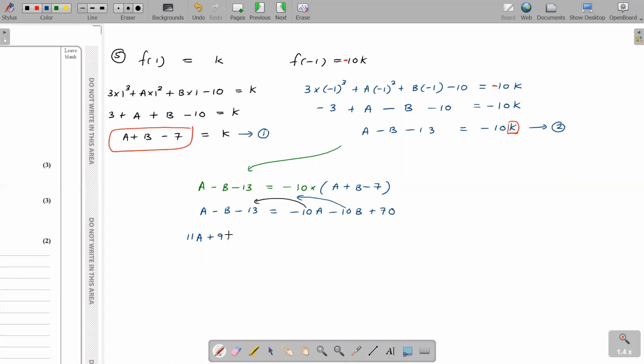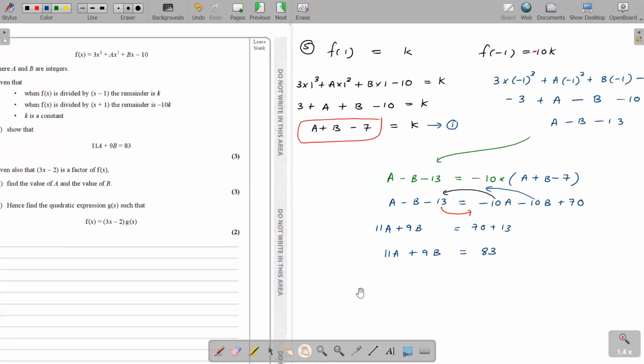Plus 9b, right? Plus 10 minus 1 is plus 9b. The 13 goes to the other side, so it's 70 plus 13. 70 plus 13 gives us plus 83. So 11a plus 9b equals 83.